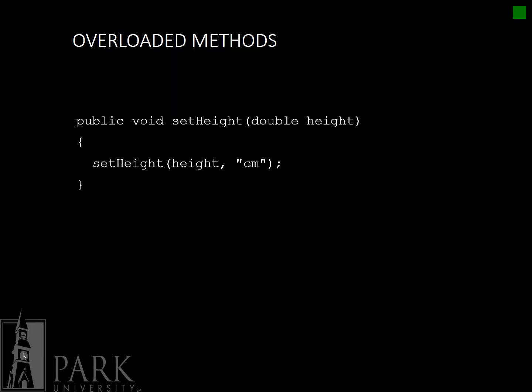So you see here, before we had it where it would automatically set the height to centimeters, but in this one we are calling the other set height method with the new parameters right here. So we're passing in the height and we're just putting that there, right? And then we're adding in this bit, which we're just saying, hey, we know it's centimeters because that's the default value, right?